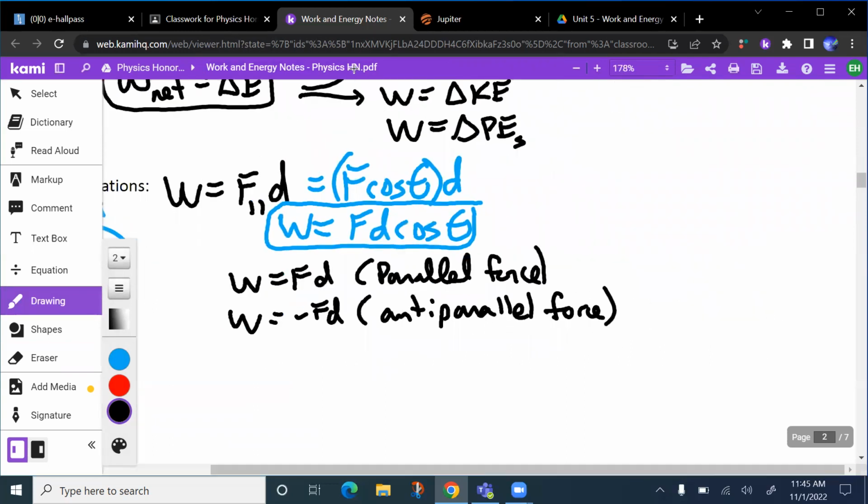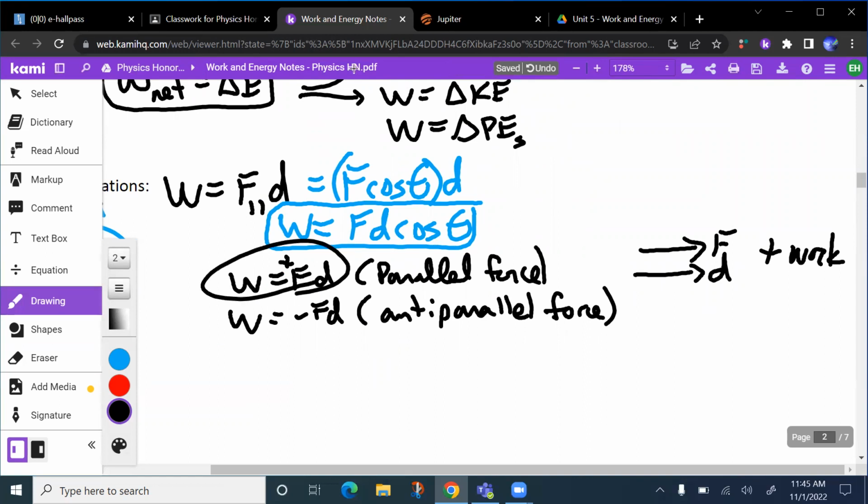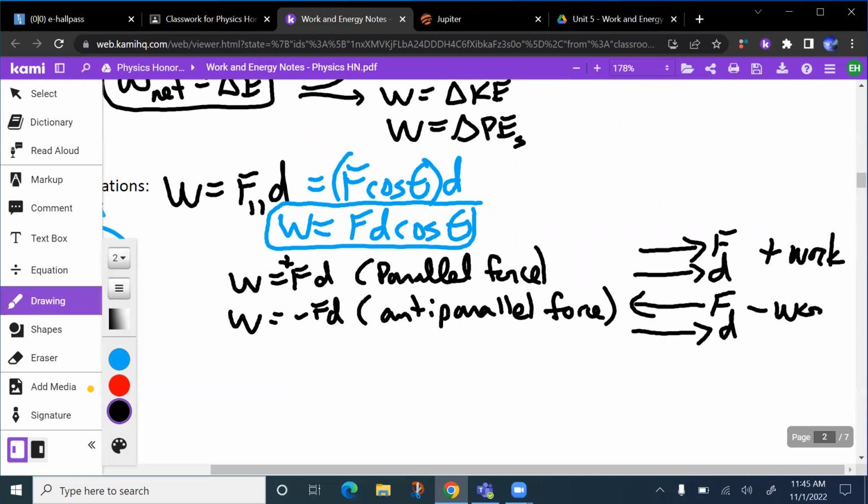Okay, so for instance, when a force is going the same direction as an object's displacement, positive work is done. When the force is applied opposite to an object's displacement, negative work is done.